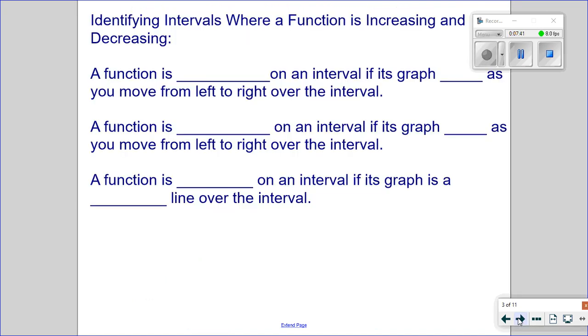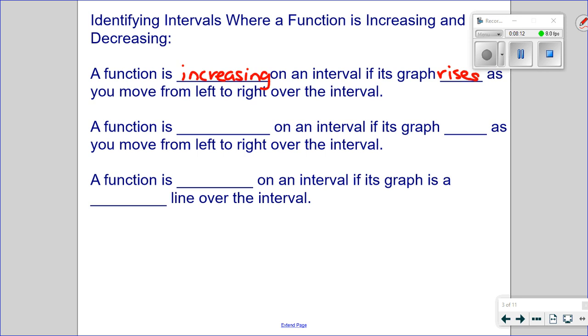Okay, now, another way that we might interpret a graph of a function is to find intervals where a function is increasing and where a function is decreasing. So a function is increasing on an interval if its graph rises as you move from left to right over the interval.